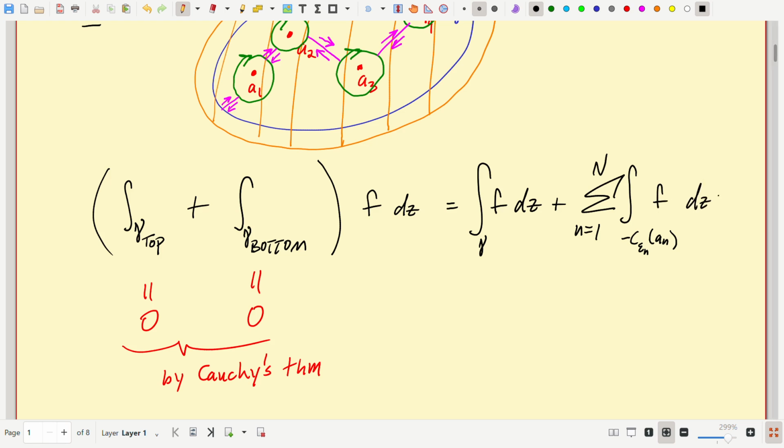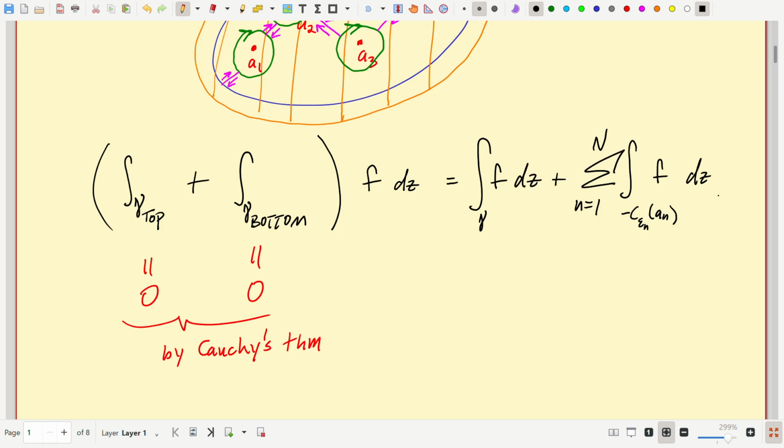And remember that's going to spit out minus the clockwise version of that. So a small epsilon radius about a_n. So this is a clockwise circle. No, this is counterclockwise. Sorry.